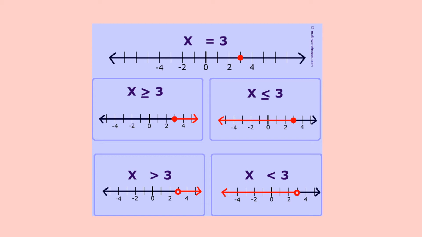If it is only x is greater than or less than, you can have an open bulb there. To understand them, we'll see some examples.